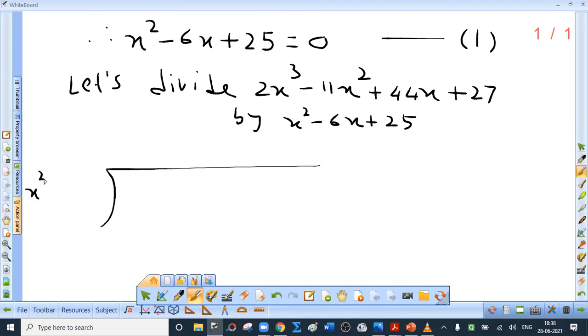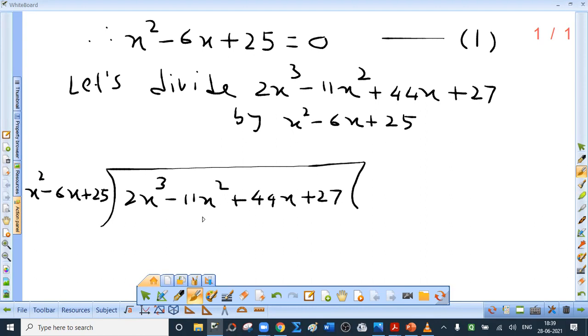So x square minus 6x plus 25, and this is 2x cube minus 11x square plus 44x plus 27.